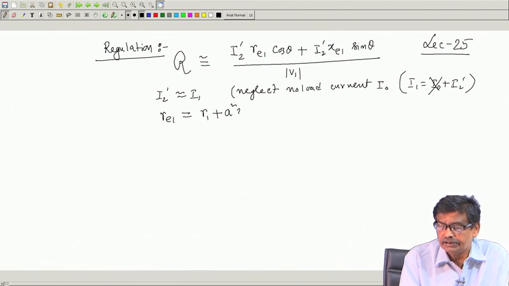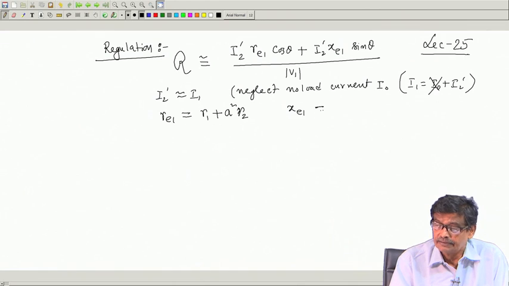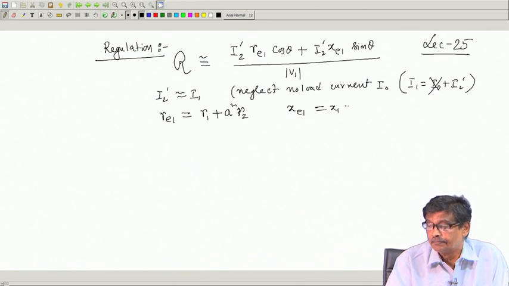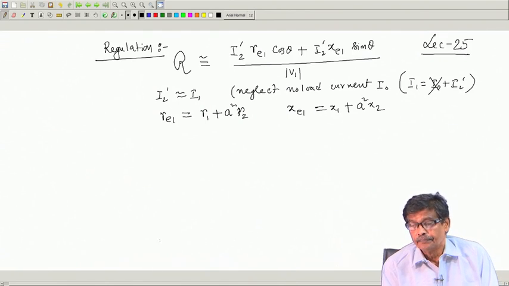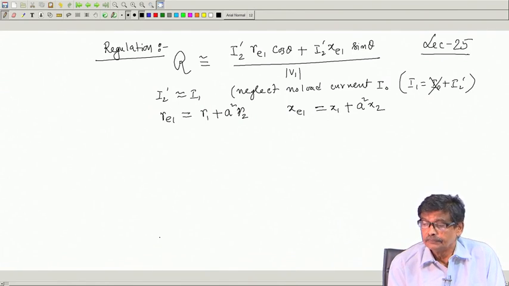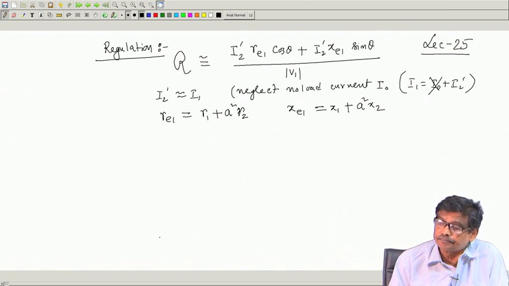I found this expression referred to the primary side. Xe1 is equal to the leakage reactance of the primary side plus S square into X2.